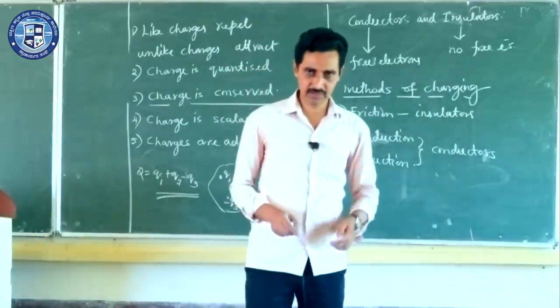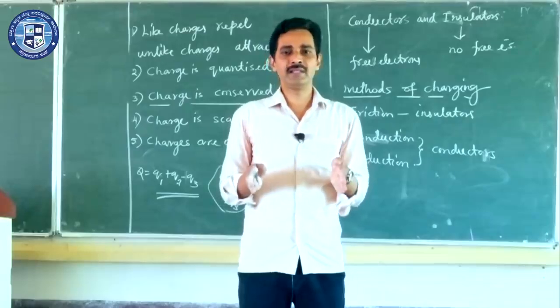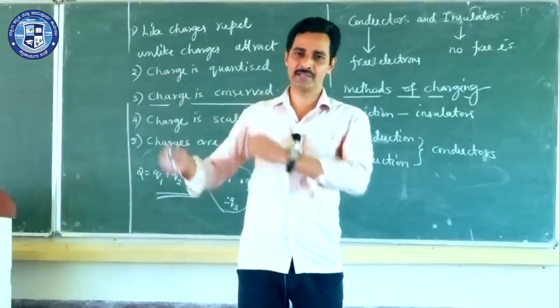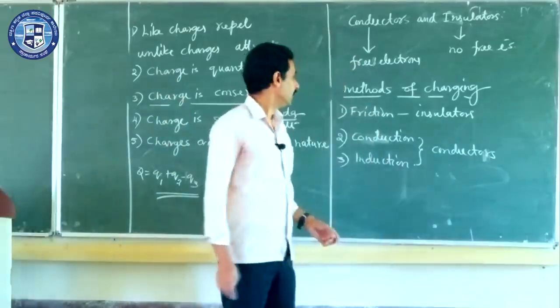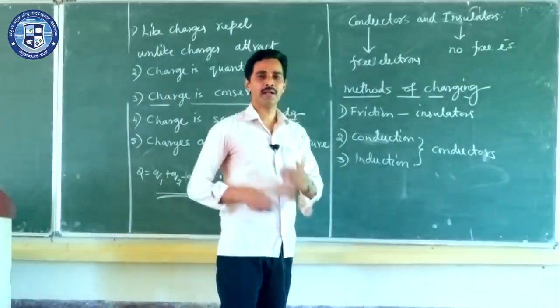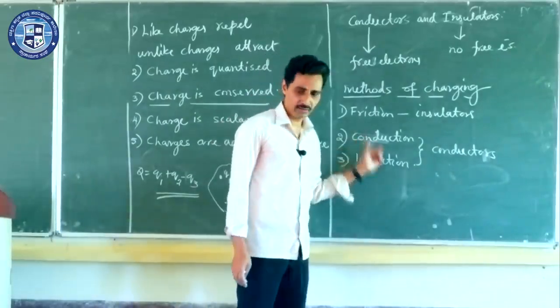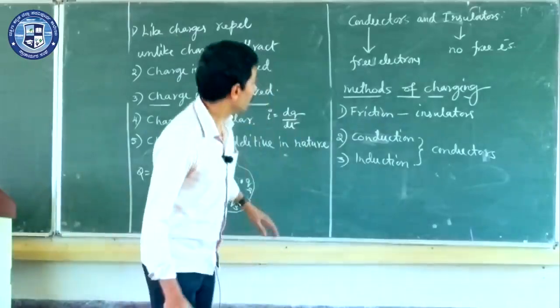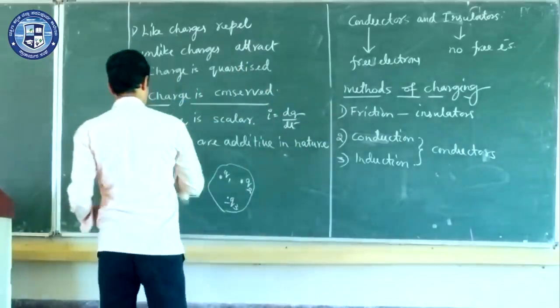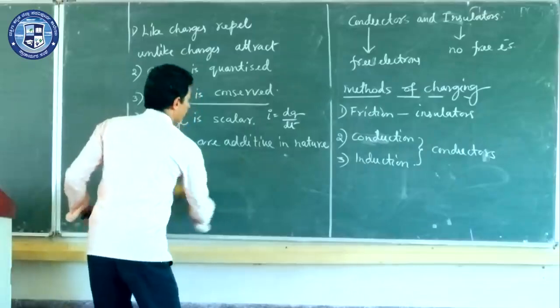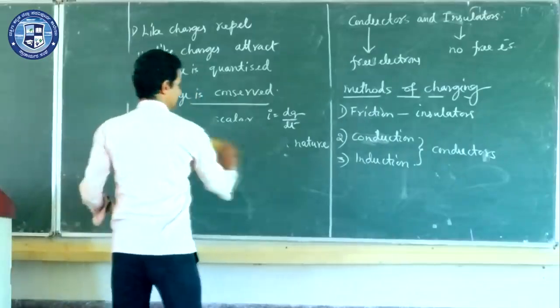So maybe one more question. Name the method in which an insulator can be charged. It is only friction. Name the method in which a metal or a conductor can be charged, either conduction or induction. Let us see how to go for this one. This one already we have discussed. Okay. I'll rub this now for the time being.